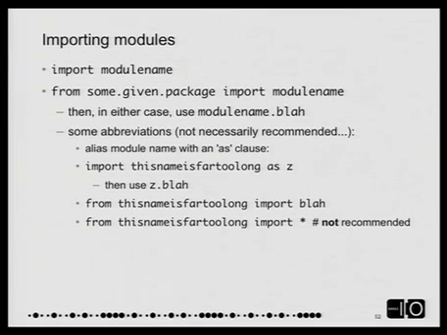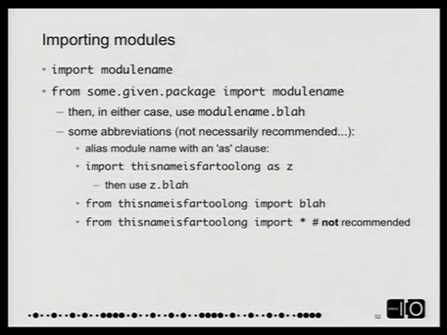If a module is contained in a package, we'll see exactly what a package is in a second, then I cannot just import it because it's hiding inside a package. I have to tell Python from what package to import it. The package would be a package named package, inside a package named given, inside a package named sum.